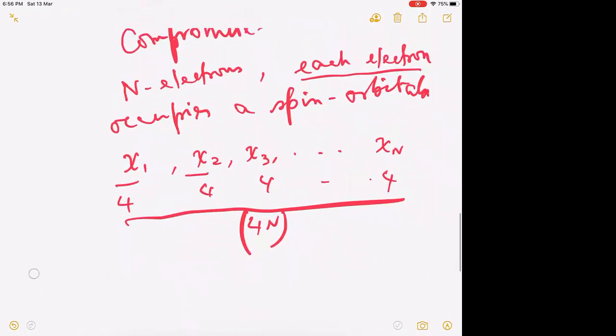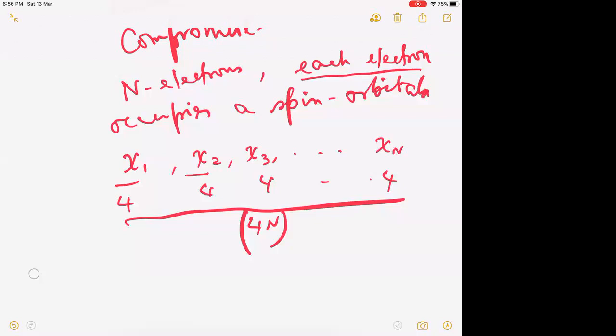Assuming that each electron is now in one spin orbital, one can even think of a fictitious wave function, just like a Hartree-Fock wave function, where a determinant, an antisymmetrized product of electrons in n spin orbitals, is there. That is essentially the idea that Kohn and Sham proposed.